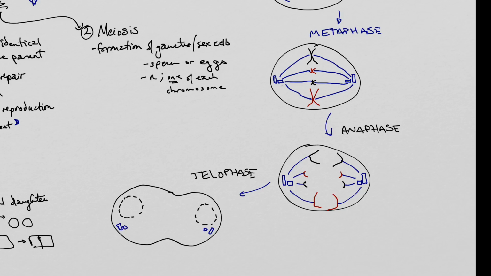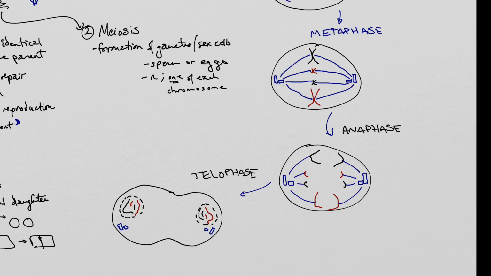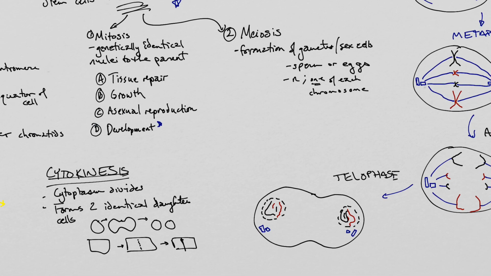And take a look at our picture. We should have a long black, a long red, a short black, and a short red over here. Long black, short red, long red, short red, short black, long black. And finally, our last part, our cell itself, the cytoplasm is going to divide. This is cytokinesis.